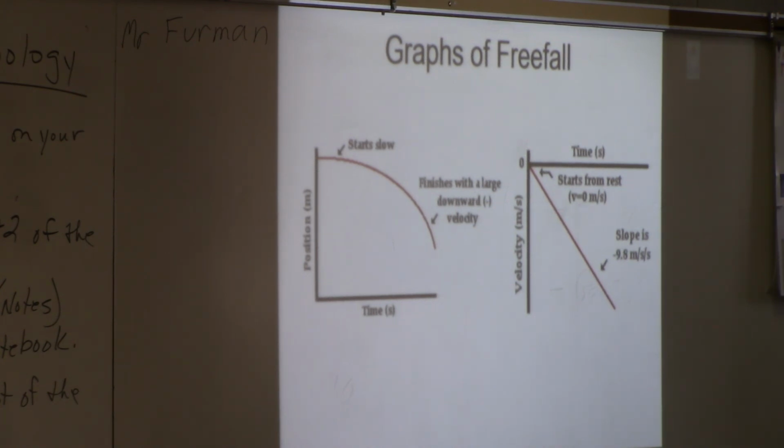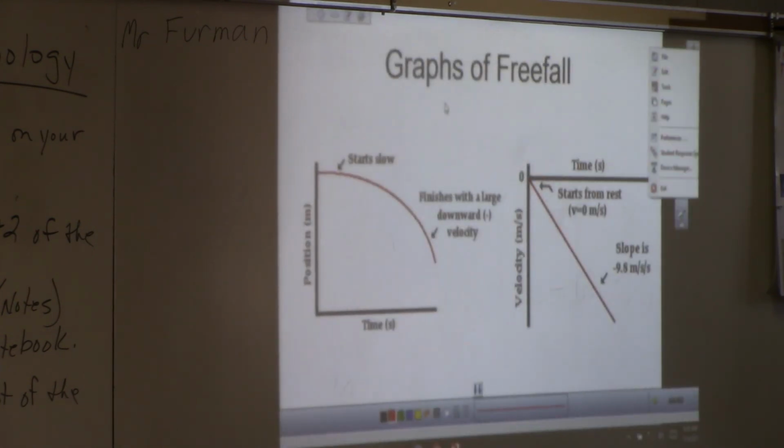So these two graphs, this is an object in free fall that's dropped. If you drop an object from rest, its initial velocity is 0, and then its velocity is getting more and more negative.